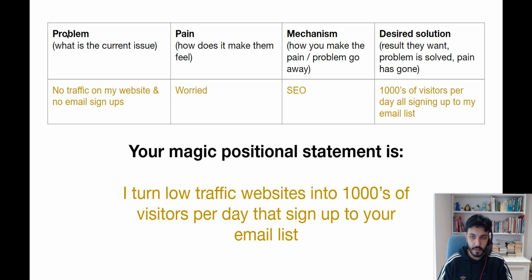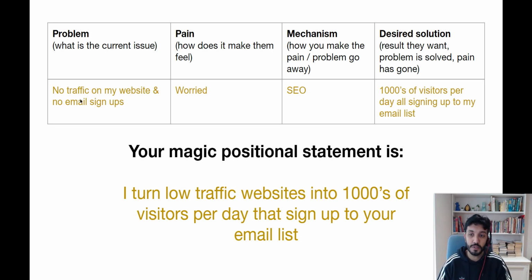So let's just take a very simple example. The problem from the previous step: no traffic on my website. I'm worried. I have no email signups, and the mechanism is SEO. So let's say you're an SEO specialist, for example. Your magic positional statement is: I turn low traffic websites into thousands of visitors per day that sign up to your email list. Now, remember, this language is based on how they say the words.